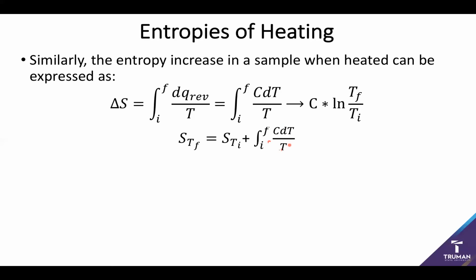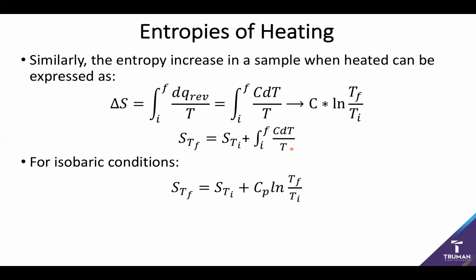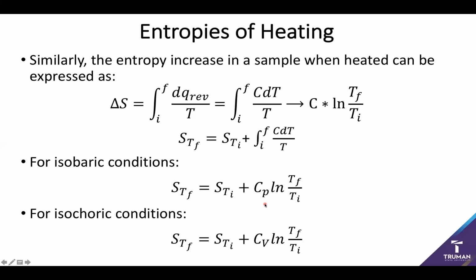But we can simplify our system by doing our usual, which is essentially applying a set of constraints. So for example, if we examine isobaric conditions, well, then we get very lucky because our heat capacity now becomes our isobaric heat capacity. And similarly for isochoric conditions, our heat capacity becomes the isochoric heat capacity.